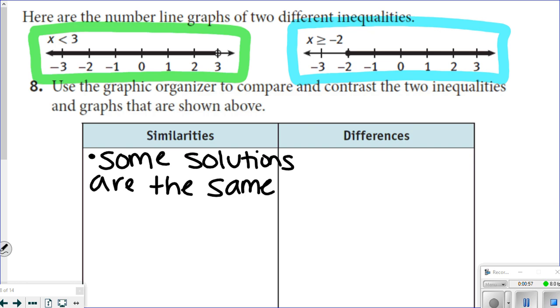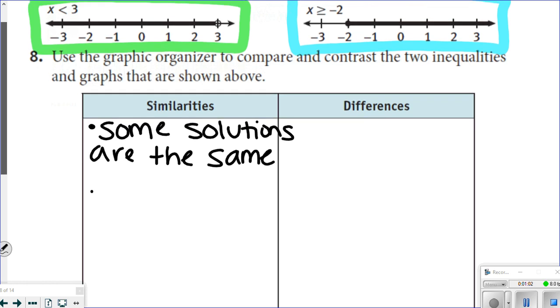Some solutions are the same. Our graphs both show a range of values, a range of answers.